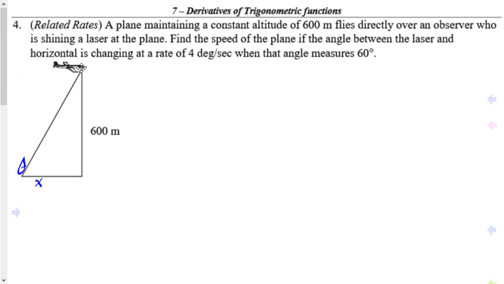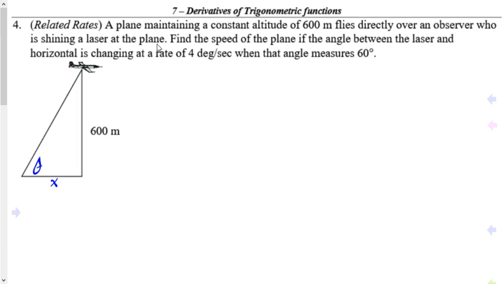So we'll have this angle theta here that's changing as that plane moves, and this x is this horizontal distance between where the observer is standing here and a point directly beneath the plane. So this observer is doing something a little illegal, shining a laser on the plane. Dangerous thing to do.